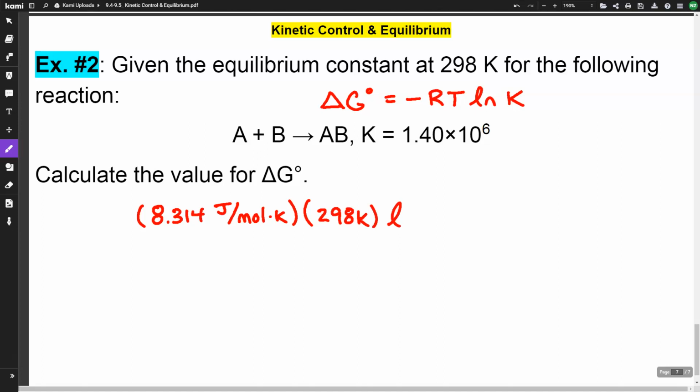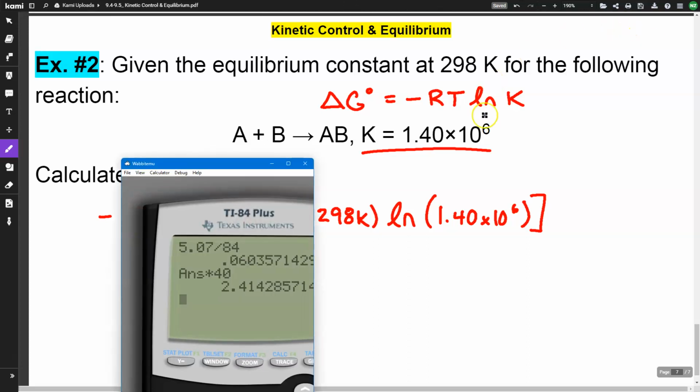Then we're going to take the natural log of our K value, and our K value is given in the question, 1.40 times 10 to the 6th. We're going to take the negative of this whole thing. Now, if you haven't used the natural log button in a while, let me show you where it is on your calculator.